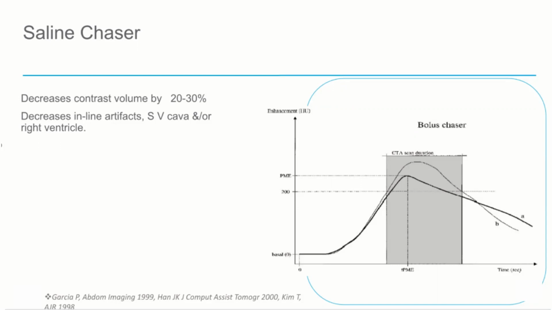Thinking back to the formula we used before, you effectively don't need to add the ramp down time of the bolus, as this is replaced by the saline. Also, if the end of the bolus is replaced by saline, this will help you to minimize artifacts that can occur in the contrast, as represented in the SVC or the right ventricle for cardiac.